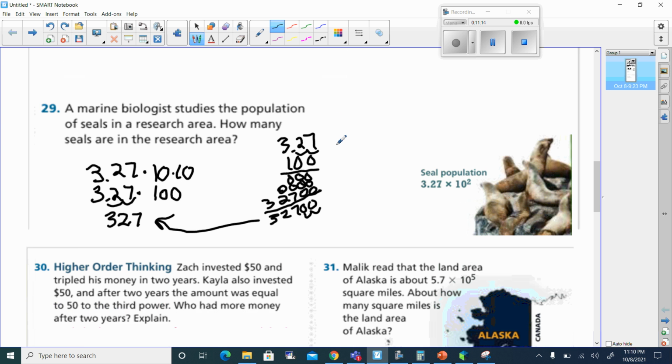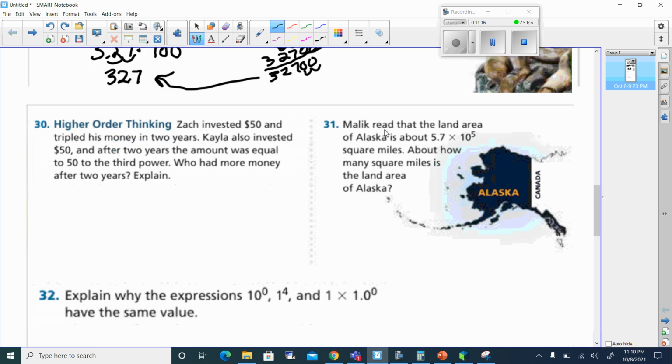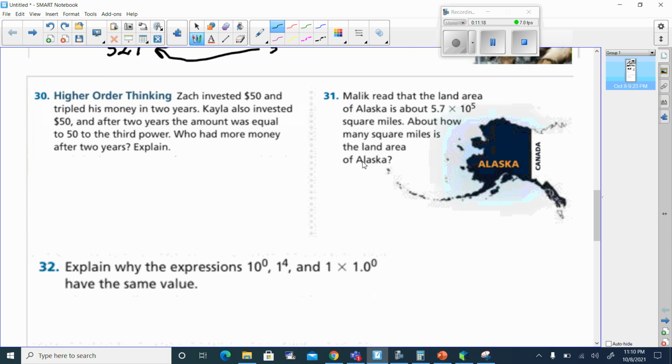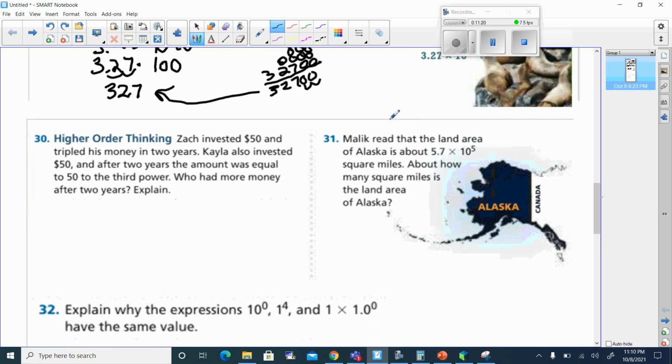All right, let's go to number 31. I think this is my, no, not my last one. Number 31 says, Malik read that the land area of Alaska is about 5.7 times 10 to the 5th power square miles. About how many square miles is the land area? Well, once again, we know that this is really just taking 10 to the 5th power and multiplying. That means 10 times itself 5 times.